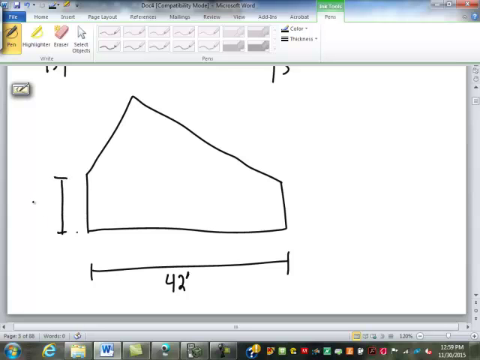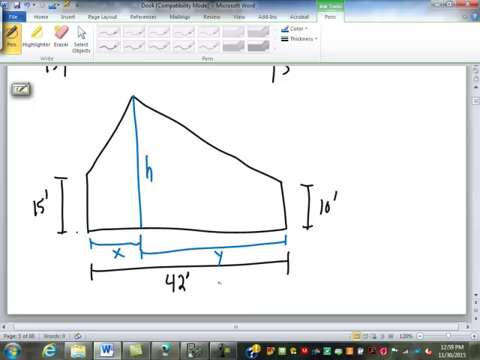This heel height over here is 15 inches. This heel height over here is 10 inches. We once again want to know what's h, what's x, and what's y.